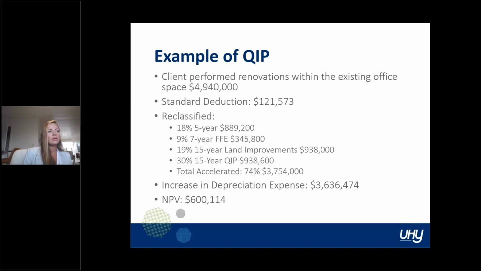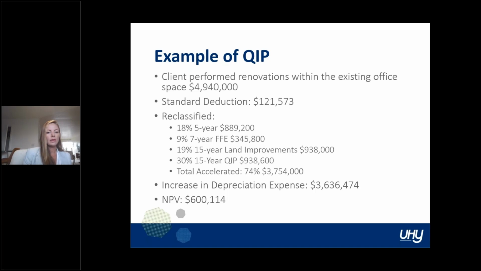And in this instance, these assets were all eligible for bonus depreciation and could be fully deducted in that first year. So the total accelerated of the study was 74%. And as I talked about study results earlier, our typical results are between 25 and 40%. So as you can see, that extra 30% really bumped us up.